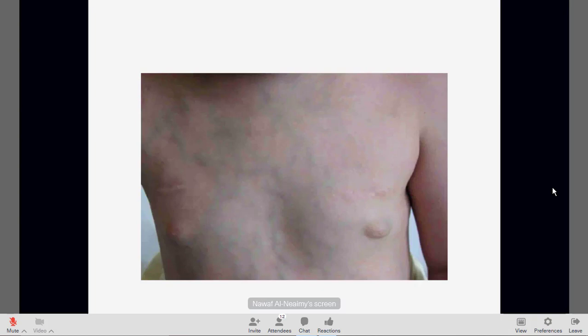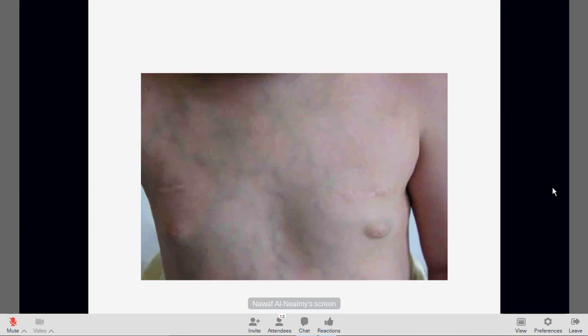Other marks that you can see in the chest are dilated veins over the chest. You can see that these are dilated veins. This finding indicates what's called superior vena cava obstruction.